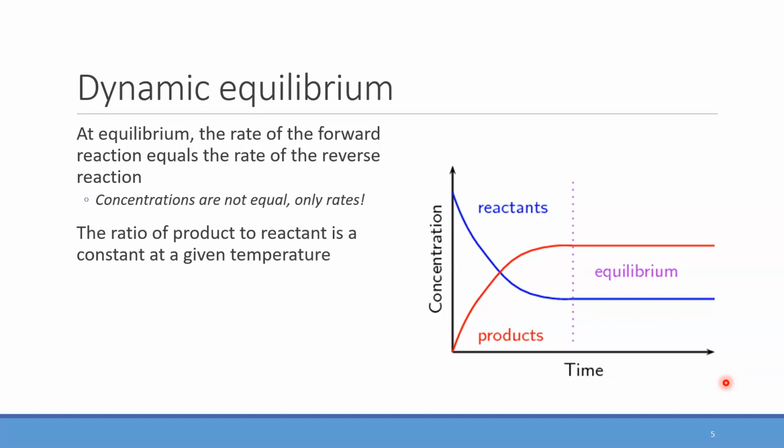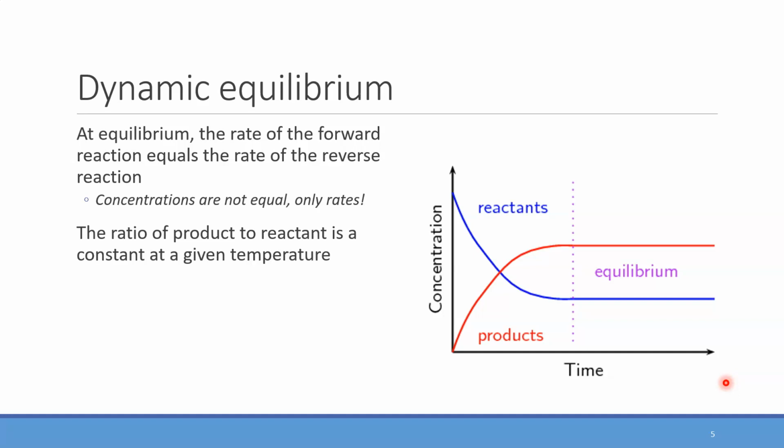So it's a dynamic equilibrium. We are not in equilibrium with our environment, because if we were, we would be dead. We would not be exchanging any energy or matter with our environment. But we are, and yet we still maintain the same size, roughly, and we maintain the same temperature, unless there's an illness. So when equilibrium has been reached, we get to see that the reaction rates are equal.